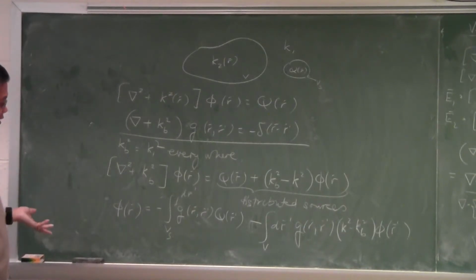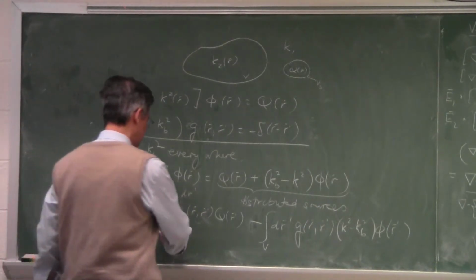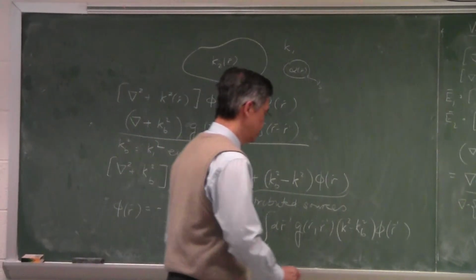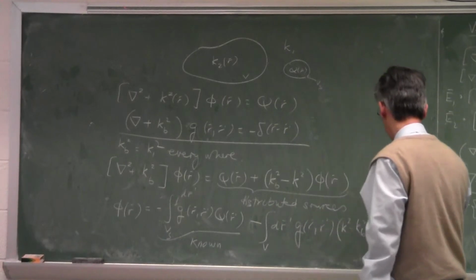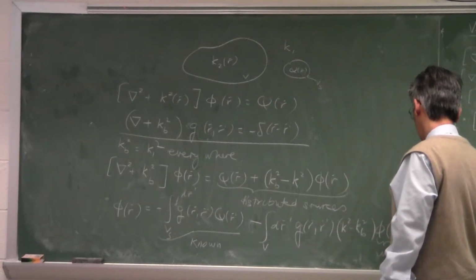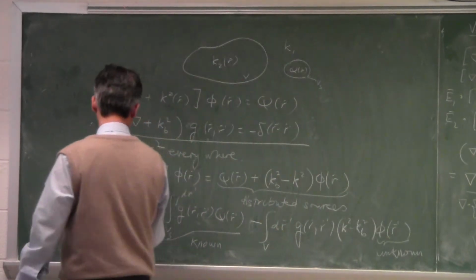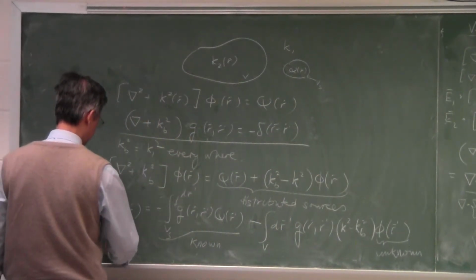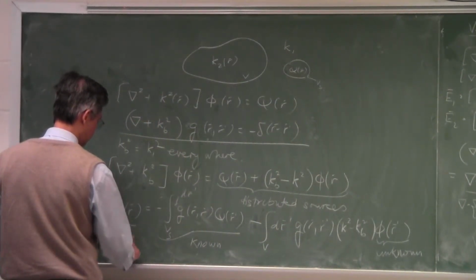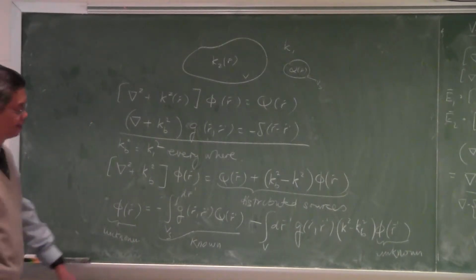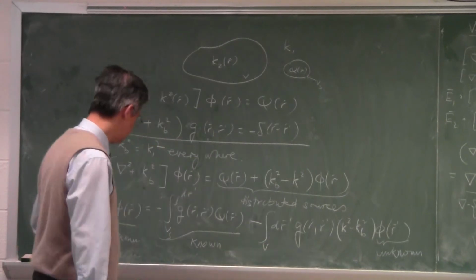And then this is an integral equation because this is known, and this is unknown. This is unknown. This is a linear operator equation.